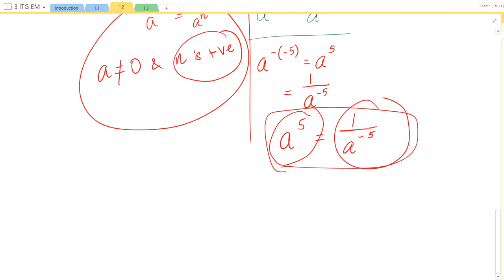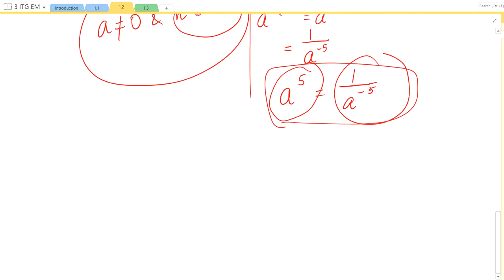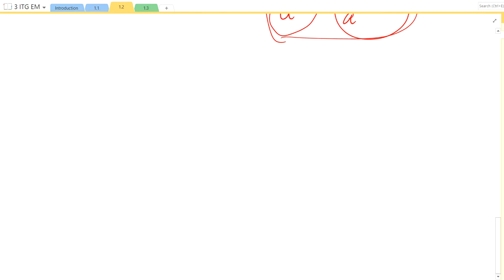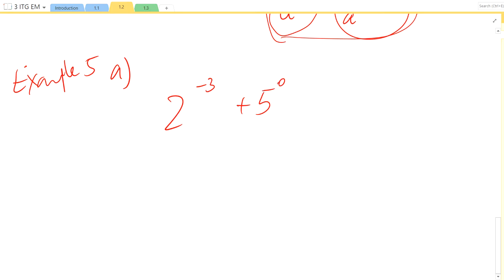Okay, let's go on to some simple examples. Example 5a: 2 to the power of negative 3 plus 5 to the power of 0. They want you to evaluate this. You are not supposed to be using your calculator. That is the instructions. So 2 to the power of negative 3 is a negative power.